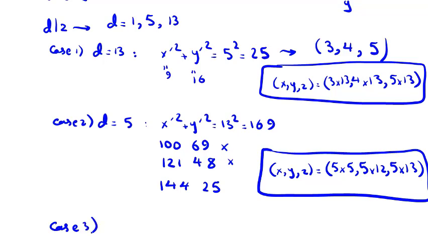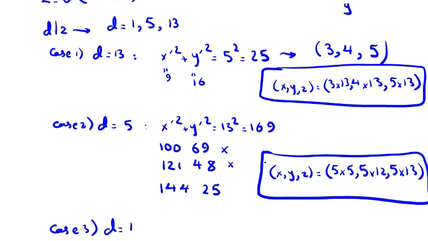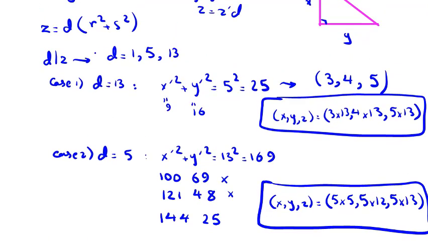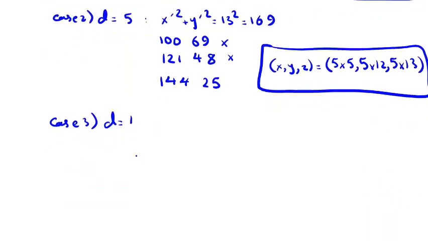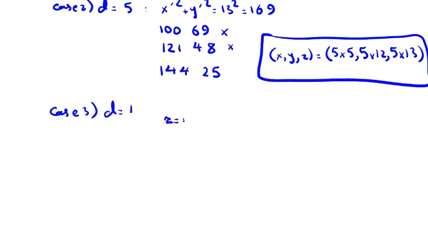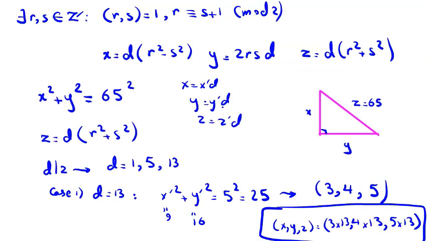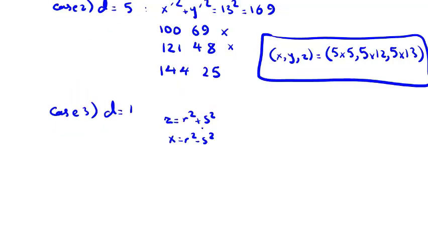Let's consider the last case when d is 1. So here we say what? We say z equals r squared plus s squared. And x was r squared minus s squared, and y is 2rs.